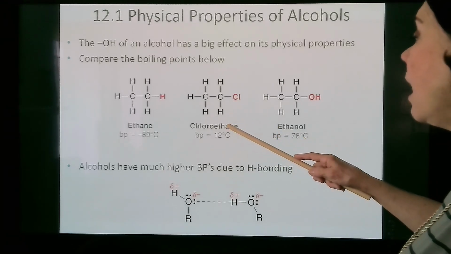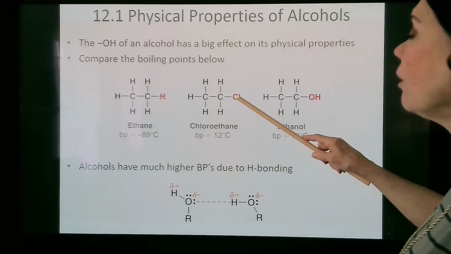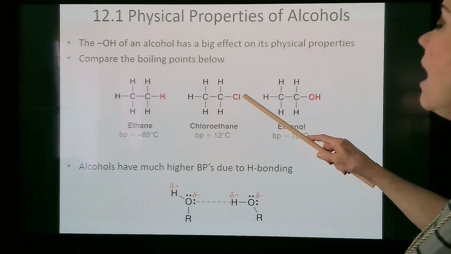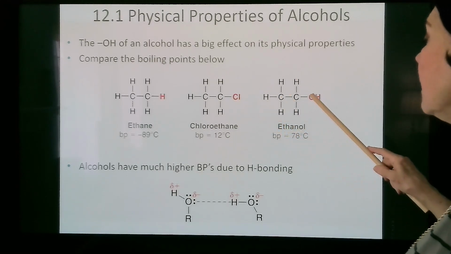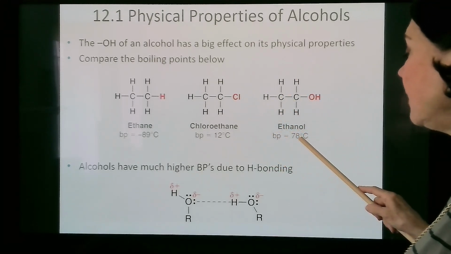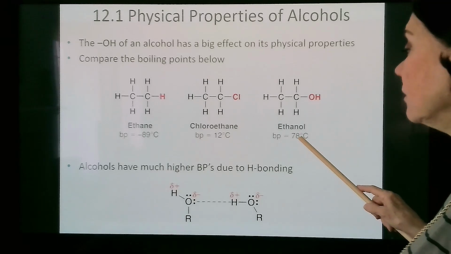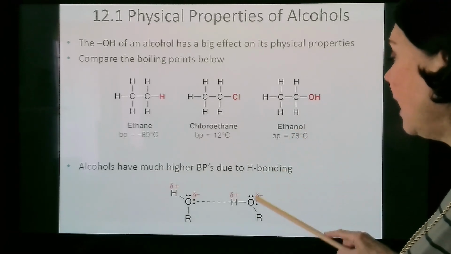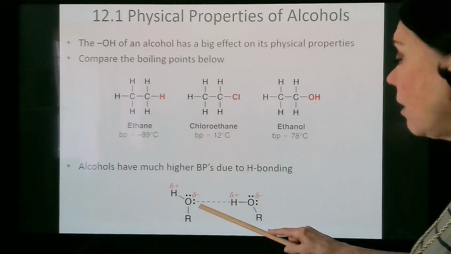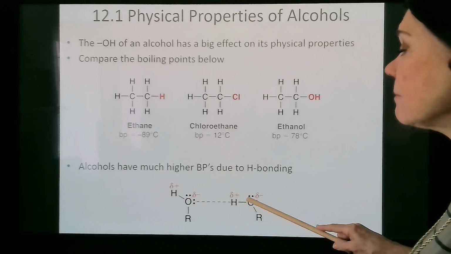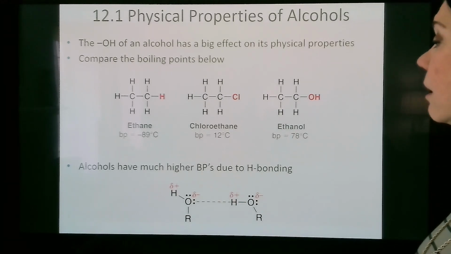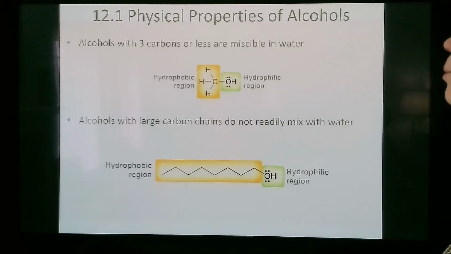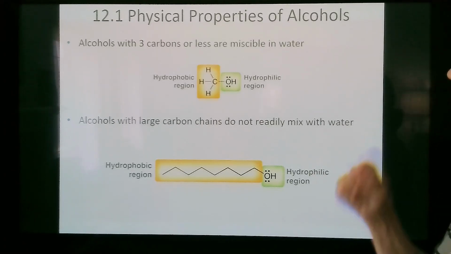And so chloroethane is going to have a greater molecular weight than ethanol, but yet ethanol's boiling point is higher, and much higher. And it is higher because ethanol is capable of hydrogen bonding, and chloroethane is not, as you recall. The physical properties: alcohols with 3 carbons or less are miscible in water.